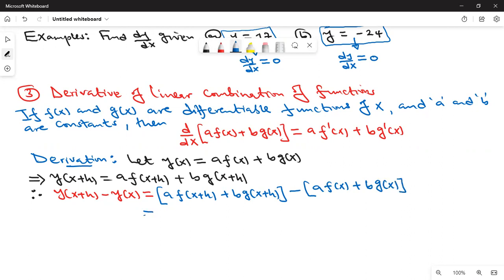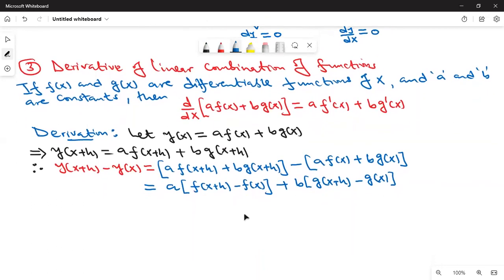And so this is equal to, let me open the bracket. You see, a is common. I can factor out a so that this can be written as a outside, f of x plus h minus f of x. Then I can also see another term with b, so factor out b so that we have g of x plus h minus g of x. Now that is the numerator, which is y of x plus h minus y of x.